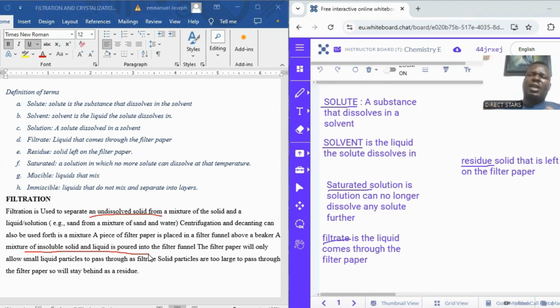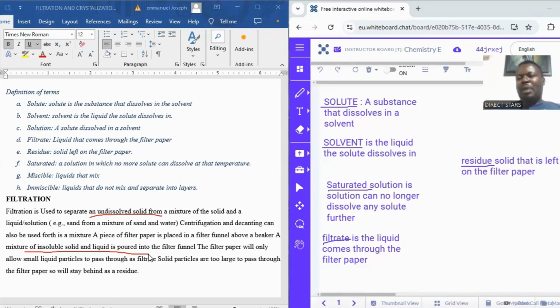Other techniques that can be used for this are centrifugation and decantation. But for today, we'll focus on the use of filtration as a technique for separating insoluble solid in solution. Another example of a mixture containing insoluble solid in water is starch powder sprinkled in water.